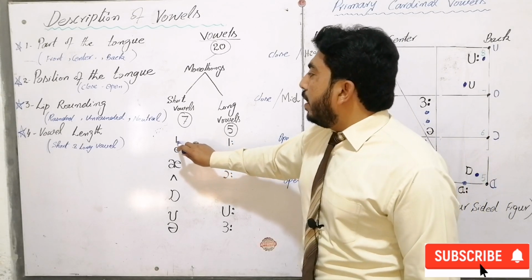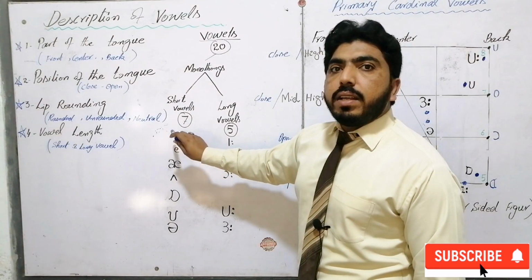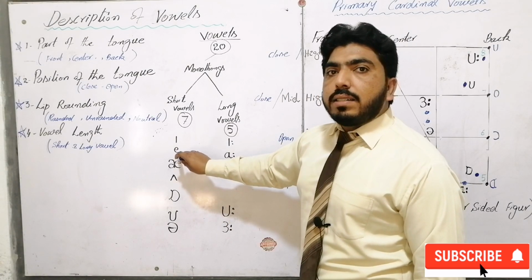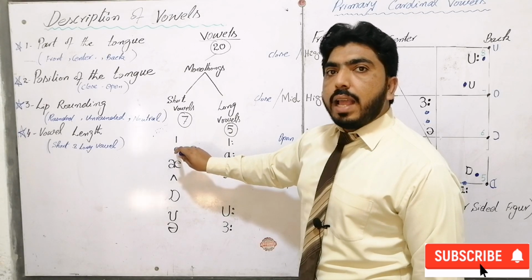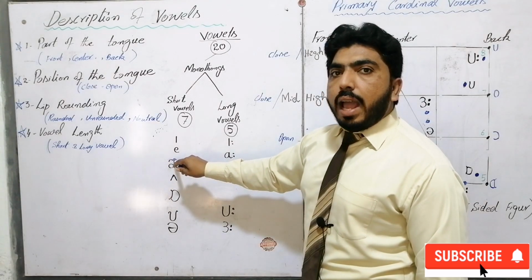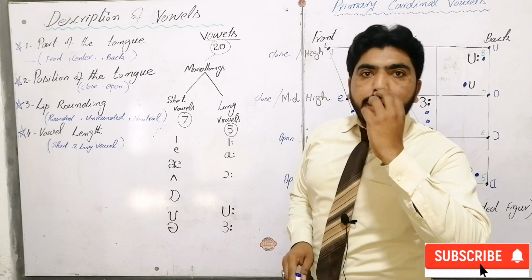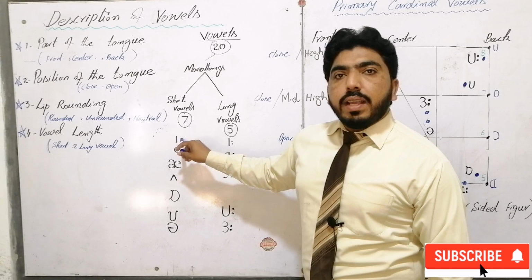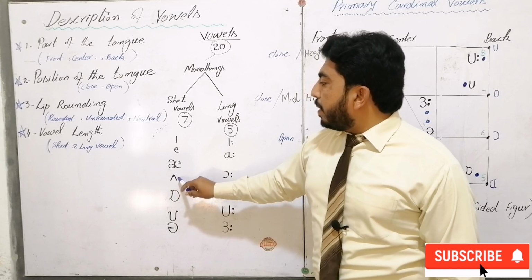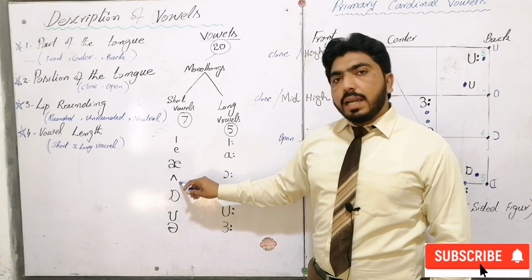First one, this is /ɪ/, as we see in the word sit. And this is /æ/, as in sat. You can focus on my mouth, on my lips. Sit, sat. And further, this sound is pronounced as /ʌ/, as in cut.